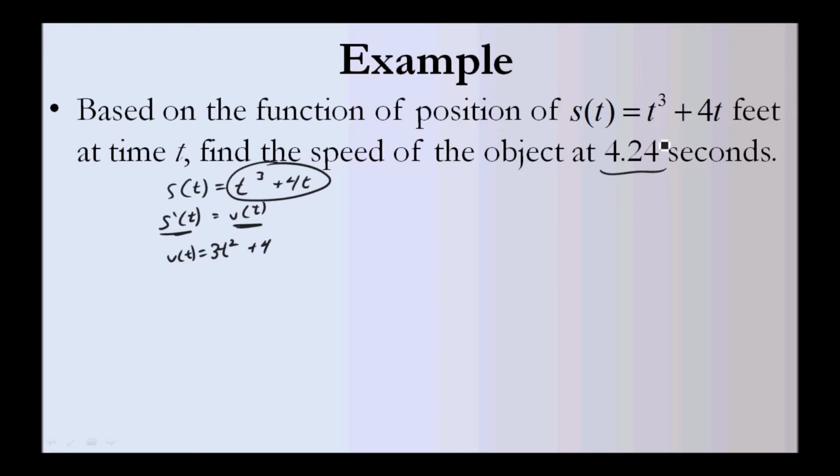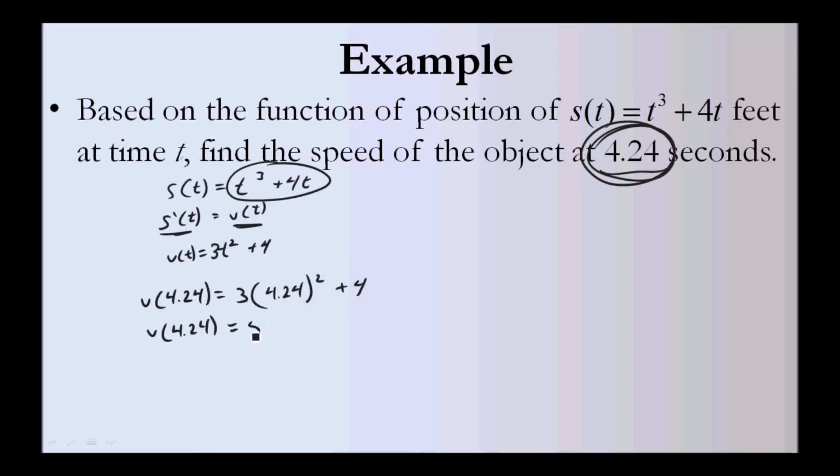We want to find the speed at t equals 4.24, so v of 4.24 is equal to 3 times 4.24 squared plus 4. V of 4.24 is equal to 57.93.